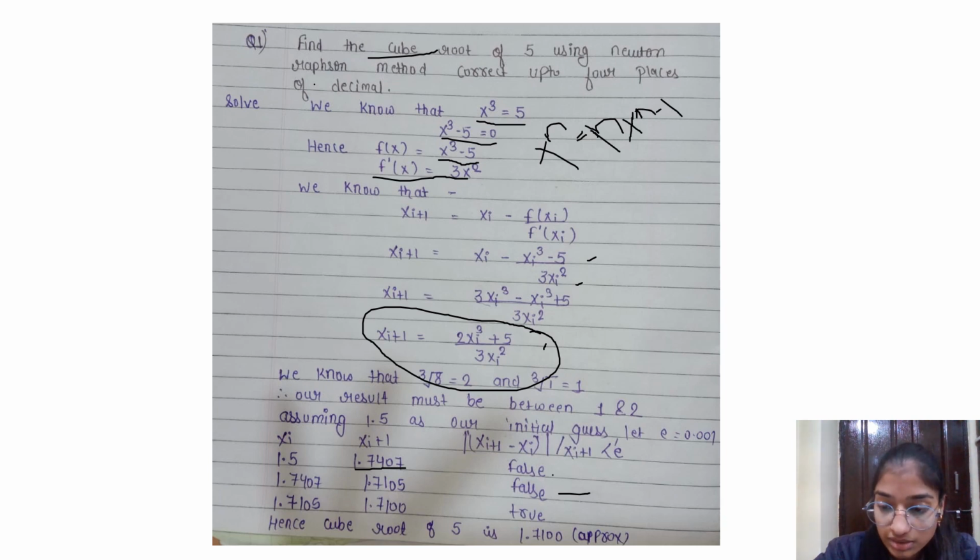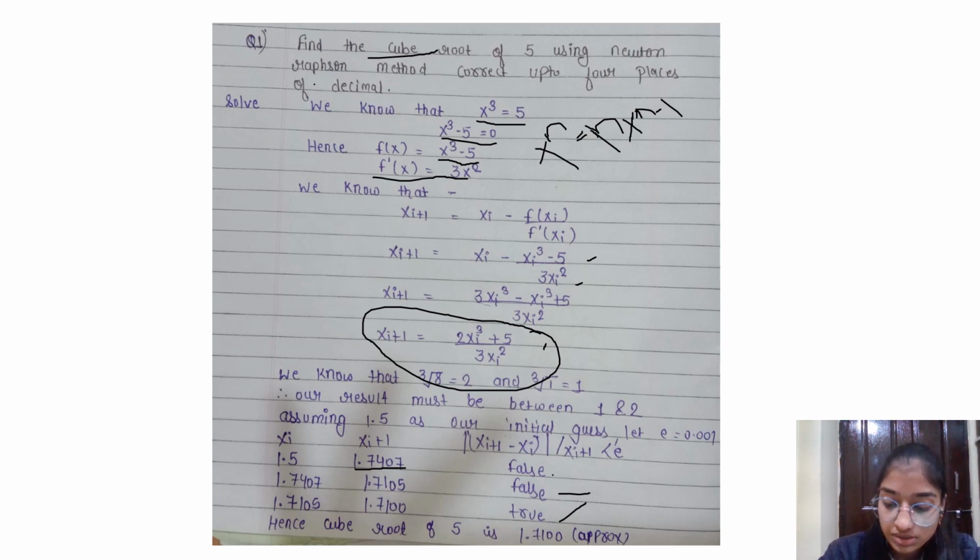In x3, the third iteration, it becomes 1.7100, which is true. It means the cube root of 5 is 1.7100. So this is our first question, in which we find the cube root using the Newton-Raphson method.